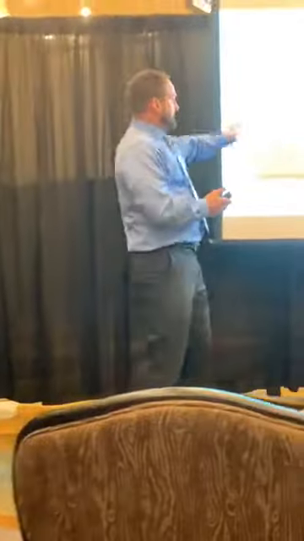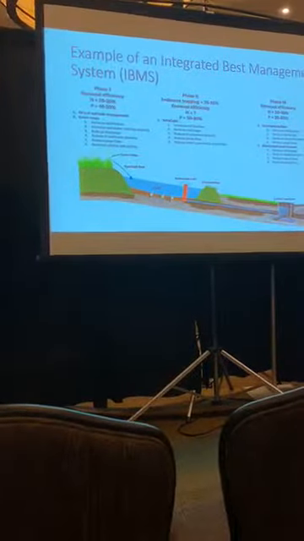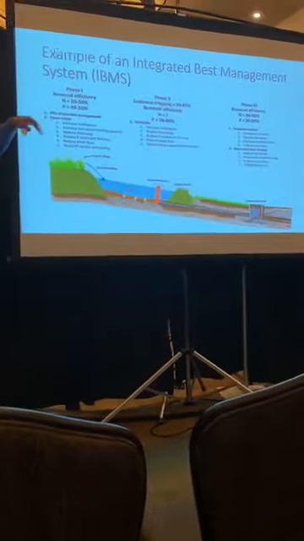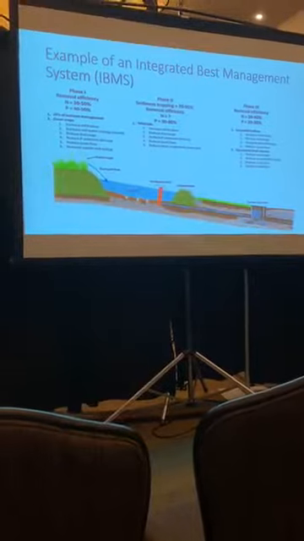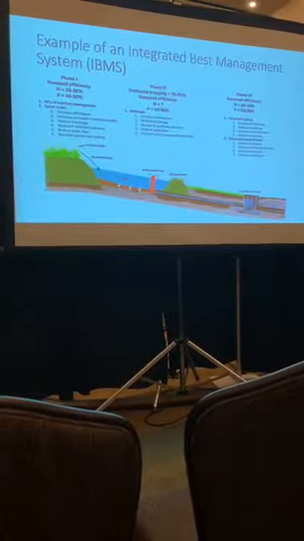So we're looking at this from a multiple phase reduction. We start over here on the left. This is all the infield things you can do, and these are some of the percent reductions you can see in the literature for following the 4R nutrient management or adding cover crops to the field. So that's like the first phase. If you can do that, all farmers can do that, right?